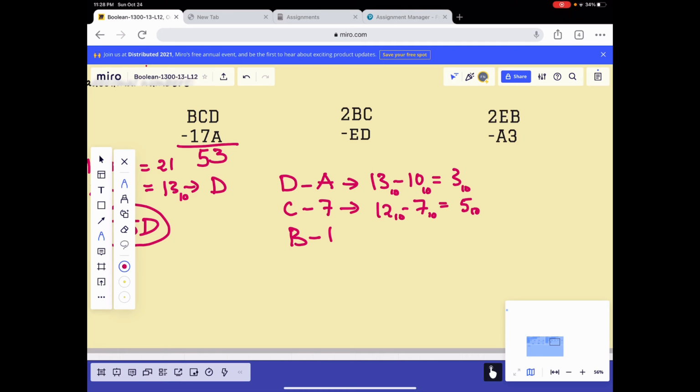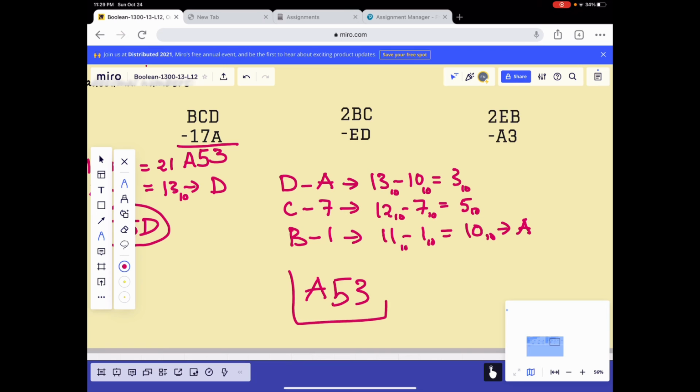B is 11 minus 1 equals 10, and 10 means letter A. So the answer is A53.